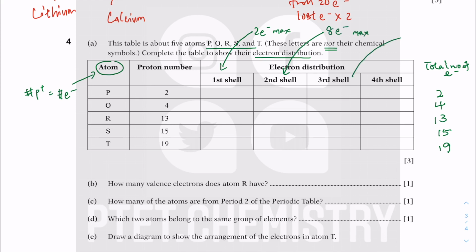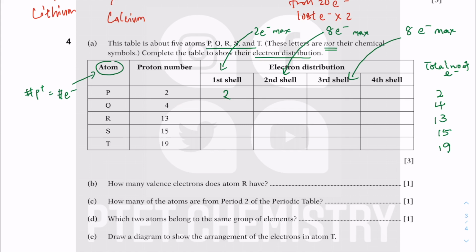And for the sake of simplicity, at least for the first 20 elements, the third shell can occupy 8 electrons maximum. And then the fourth shell can occupy more than that, but we could worry about that later on. So if you look at element number 2, the 2 electrons will occupy the first shell and nothing else. So it's just the first shell, 2. That is the configuration for helium, element number 2 in the periodic table.